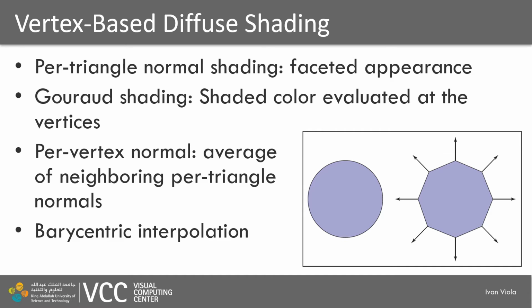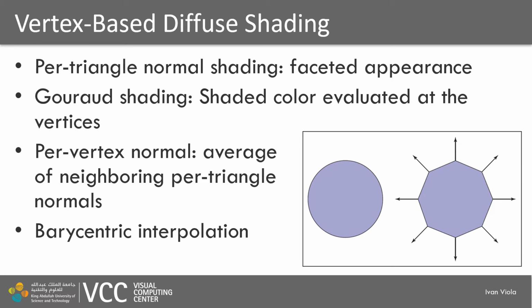Therefore, if we have a very well tessellated scene, meaning that our objects are built from many small triangles, it might make sense for such a triangular scene to only perform the illumination on the vertices and then to propagate this illumination across the faces of the triangles.